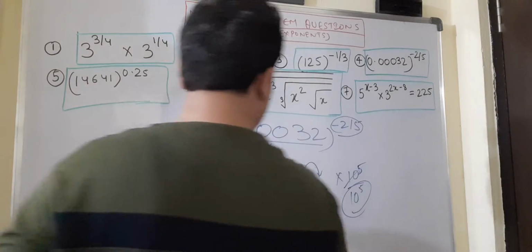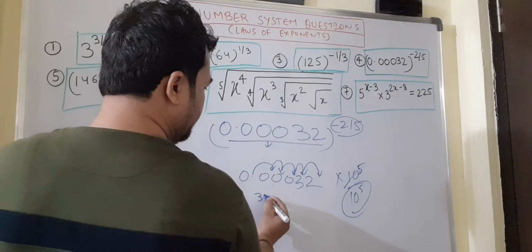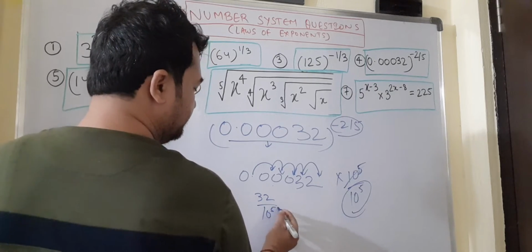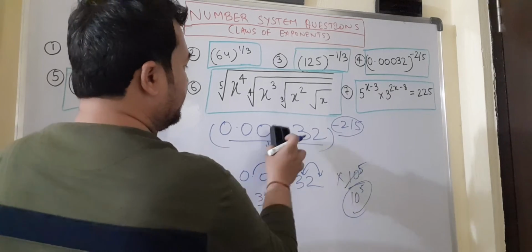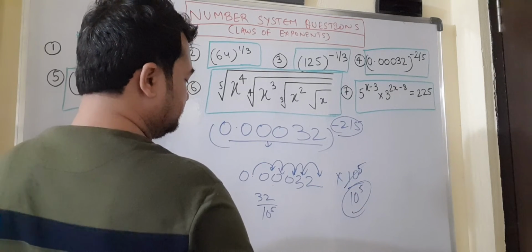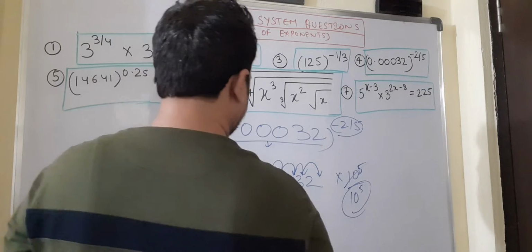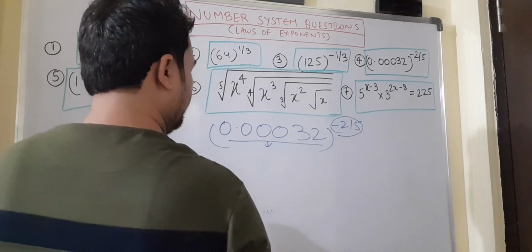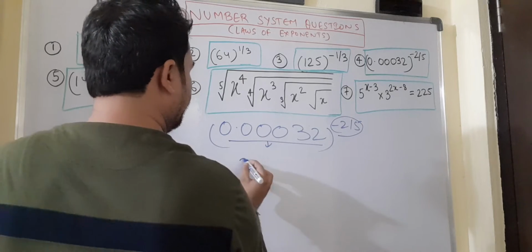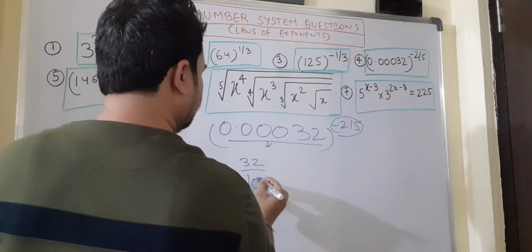So you can write this number as 32 by 10 to the power 5. Is it? So this number is 32 to the power 10 by 5.